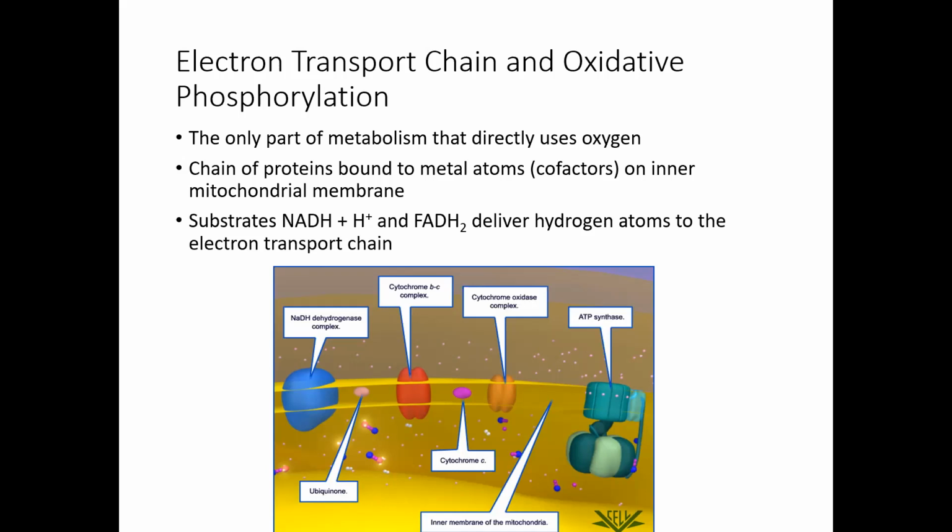Those electrons are going to be used to pump those hydrogens into the space between the inner and the outer membrane. We see these are all enzymes. There are essentially three big enzymes in here that are responsible for the electron transport chain.